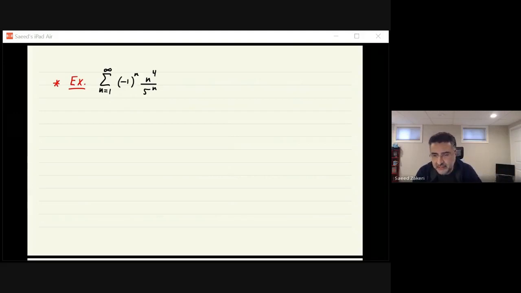And it does indeed go to 0, because even though n to the fourth goes to infinity, the bottom, which is exponential, 5 to the n, goes to infinity way faster. The top goes to infinity like a polynomial. The bottom goes to infinity like an exponential. So the bottom will take over.